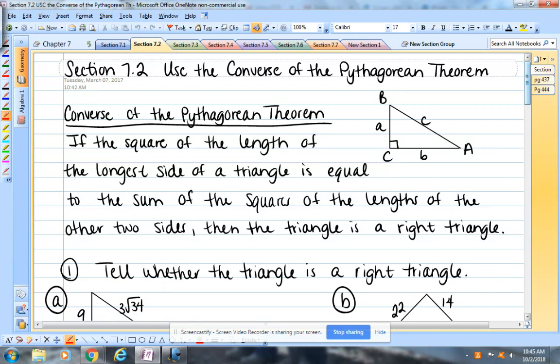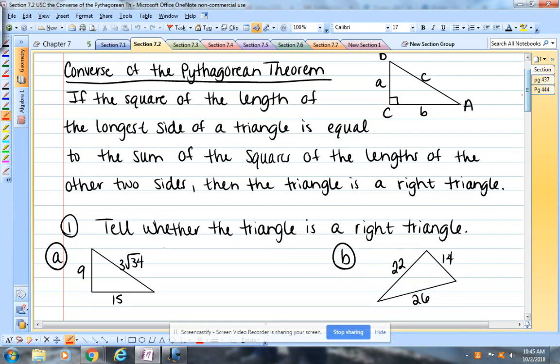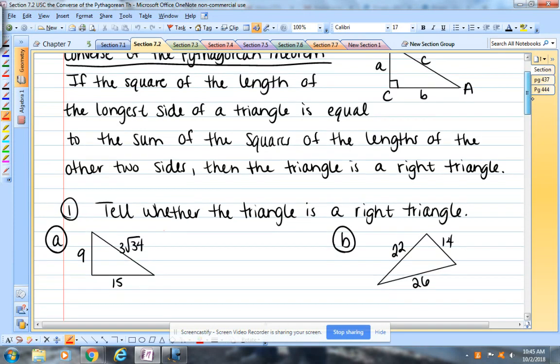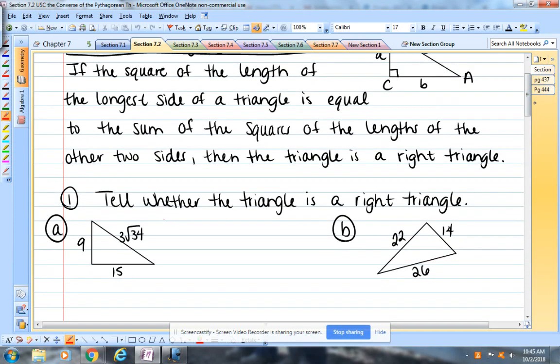So what we're going to do is test triangles to see if they are right triangles. They're going to give us some triangles, and we have to decide if they are right triangles. That means if we take these lengths and plug them into a squared plus b squared equals c squared, and that comes out to be a true statement, then it is a right triangle.